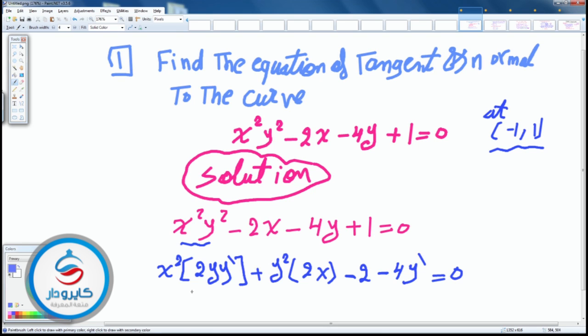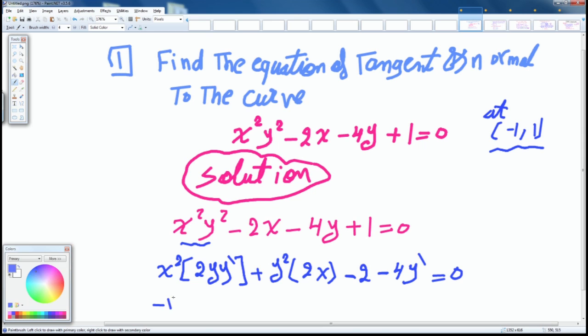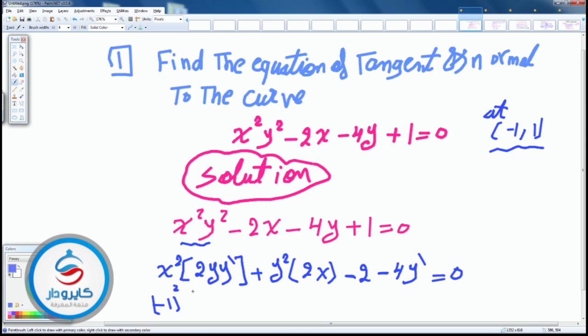So we have to make the substitution. Now put x equals negative 1: 1 power of 2 times 2y dash, plus y squared, which is 1 power of 2, times 2 times negative 1, minus 2, minus 4y dash equals 0.